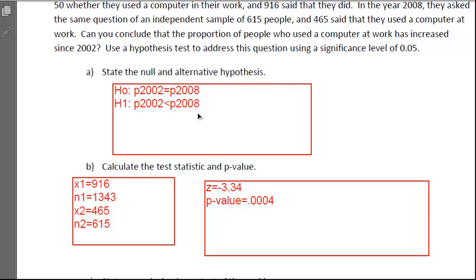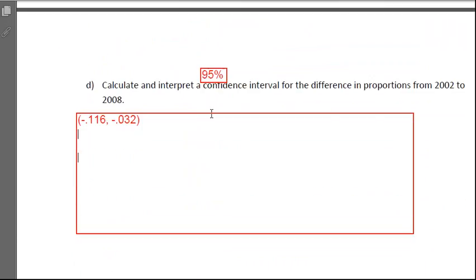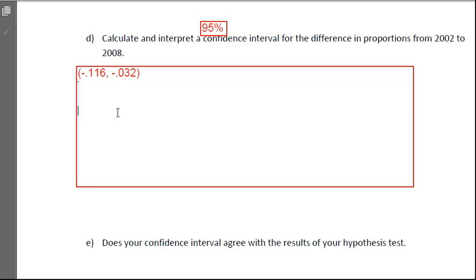And so the 2008 number is going to be bigger. And so when you calculate the confidence interval, that confidence interval will be negative because the second number in the subtraction is bigger. So this confidence interval is comparing the proportion of people that use their computers in 2002 to the proportion in 2008. Because it's negative, that means the proportion in 2008 is bigger.